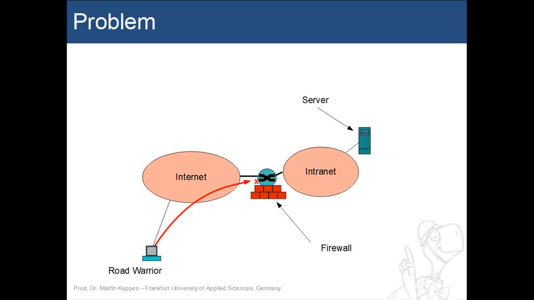However, if you want to check who gets access to your system, you would need to check the log files of all of the servers, whereas if I had a single point of entry, as we're going to realize with the virtual private network, it turns out to be much easier to check who actually gets access to what.